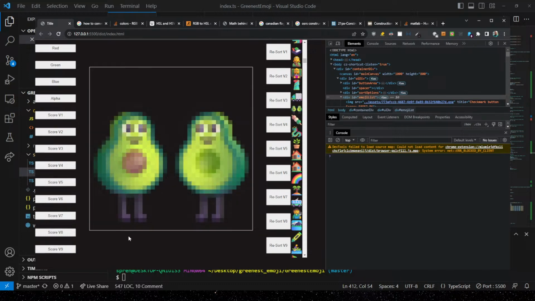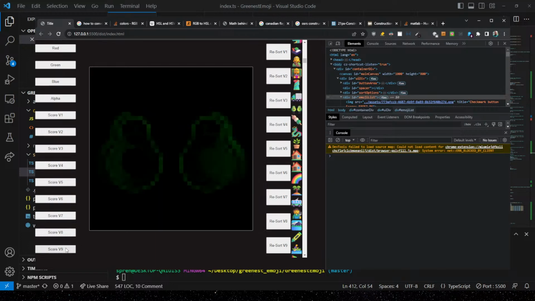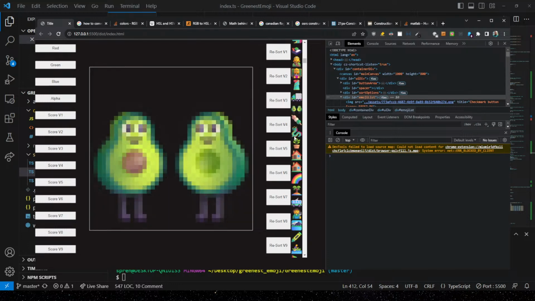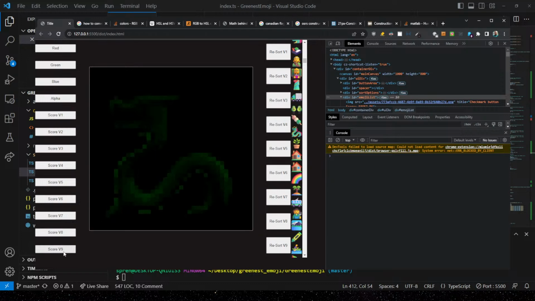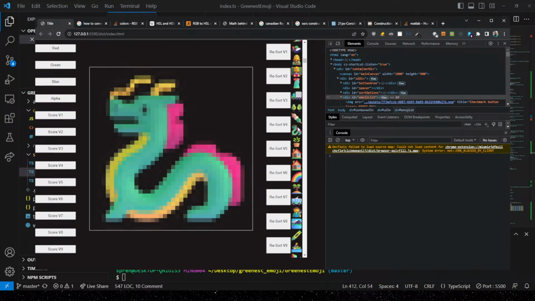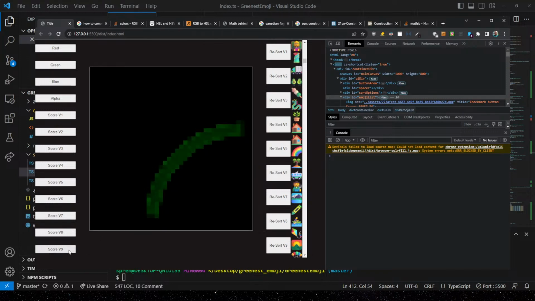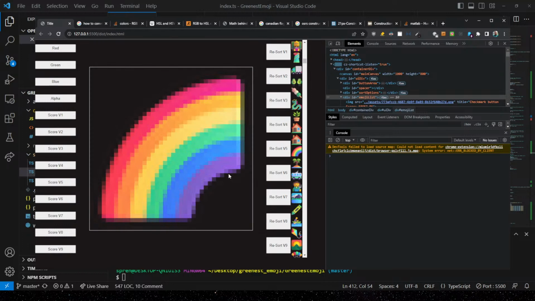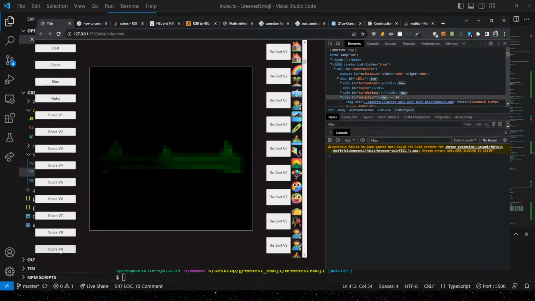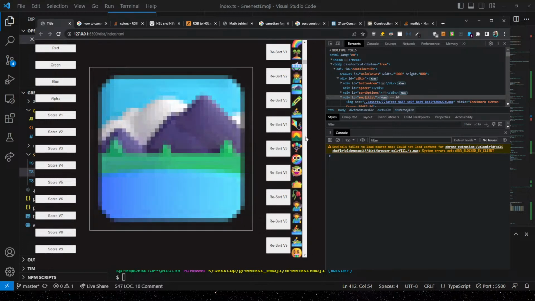This is unintentionally funny. If you click here, they just become hollowed out avocados, kind of. That's kind of messed up. Yeah, and then this guy again, he should really be more green. Oh, here we go. Find the green in the rainbow. There it is. Okay. I can't believe it. Once again, I think that this is an improvement.